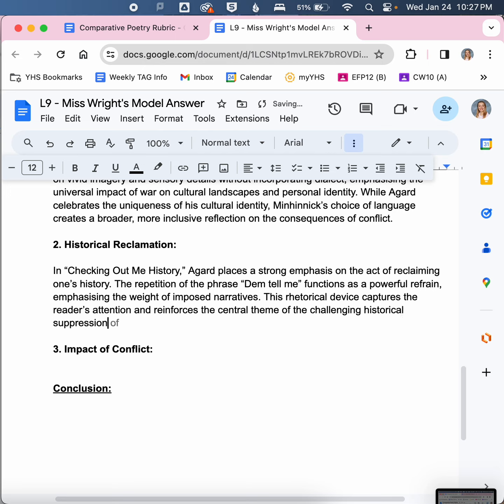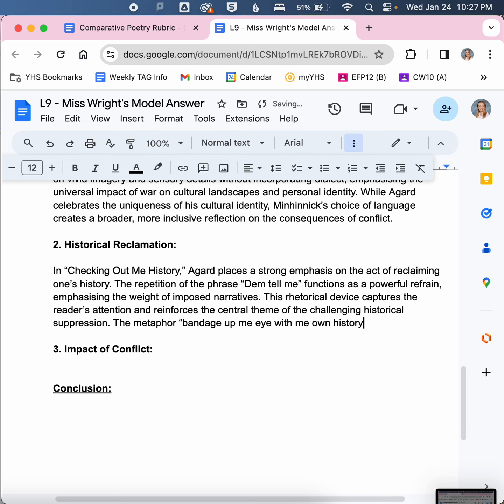Coming back to this idea of suppression as well that I spoke about in the introduction. And then I'm going to use some new evidence as well. So I'm talking about this language technique in particular, the metaphor. So bandage up my eye with me own history.